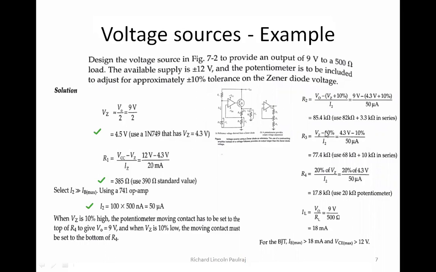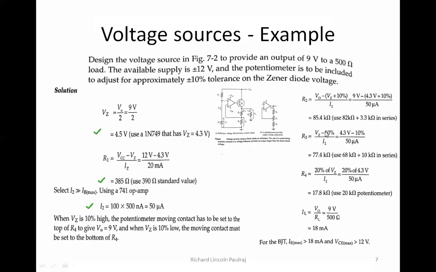So how do we calculate this? Take 10% of 4.3. Then you add it with 4.3. So 9 minus the answer.